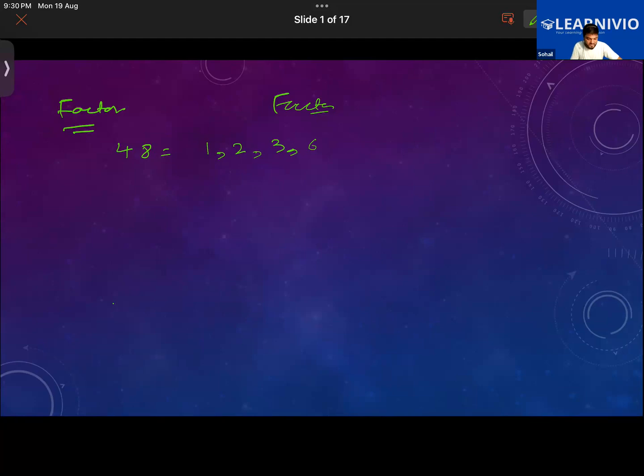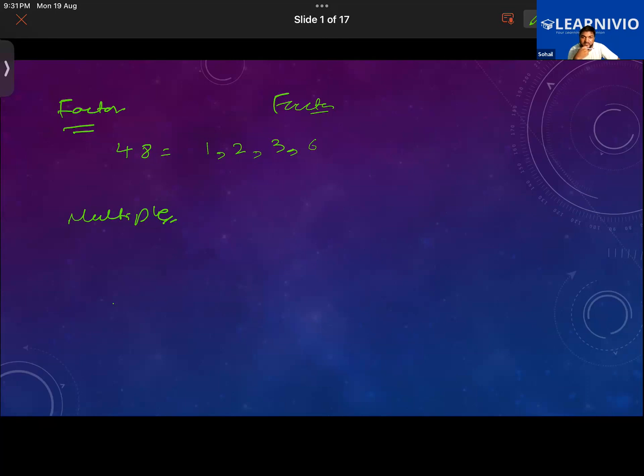Now I suppose you can explain the multiple. What is a multiple? Like, 2 fours are 8. No, I'm asking about the definition, not examples.